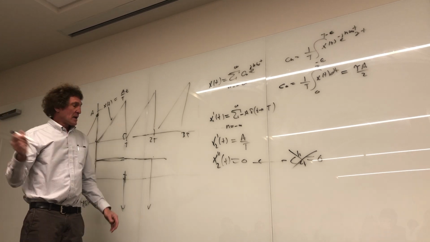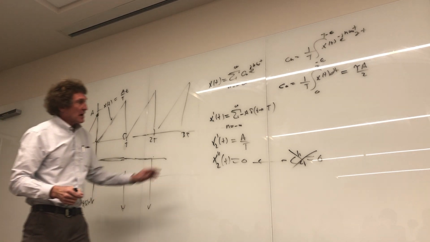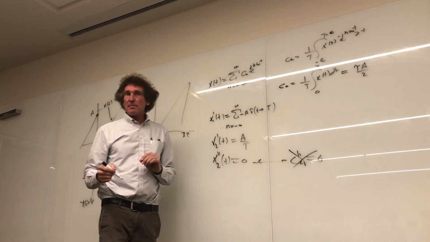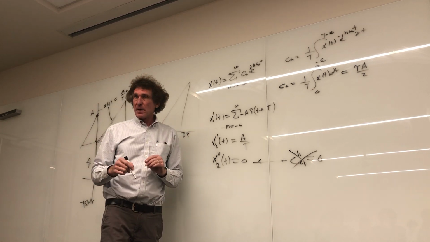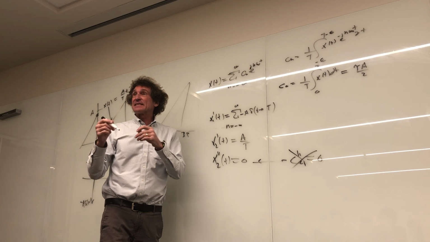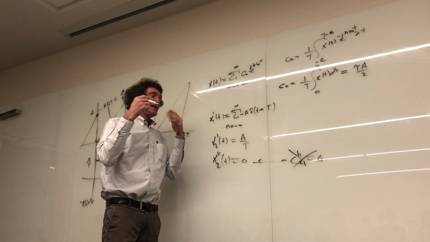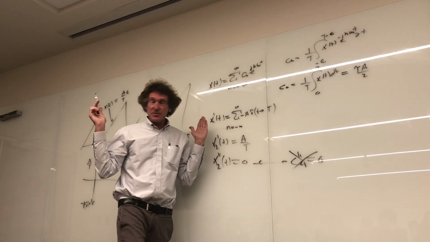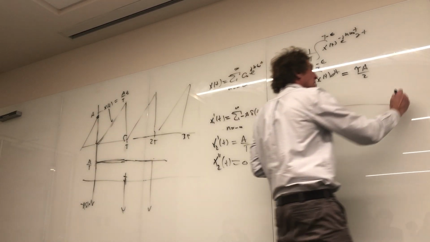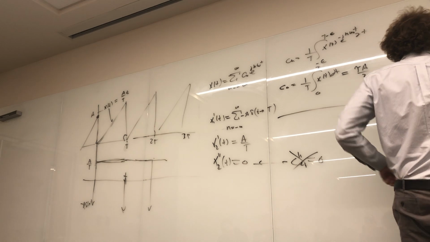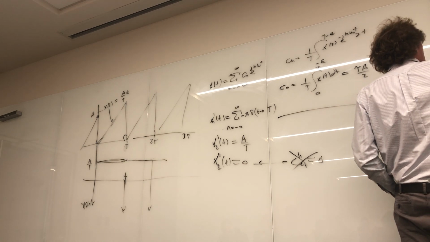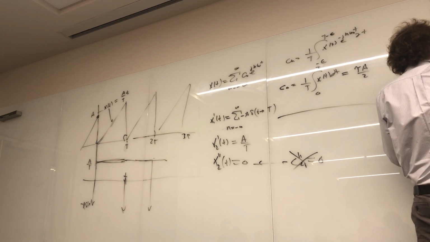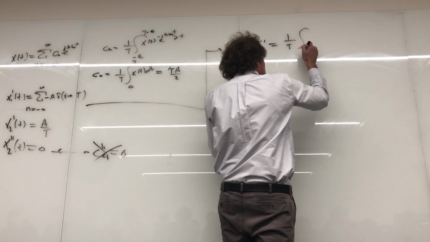Okay. Now, what happens here? Well, now I've got my x1 prime of t here, right? So I'm going to go get my c n1 prime, the coefficients, right, guys? So let's do it over here. My c n1 prime are equal to 1 over T, and technically it's the integral.